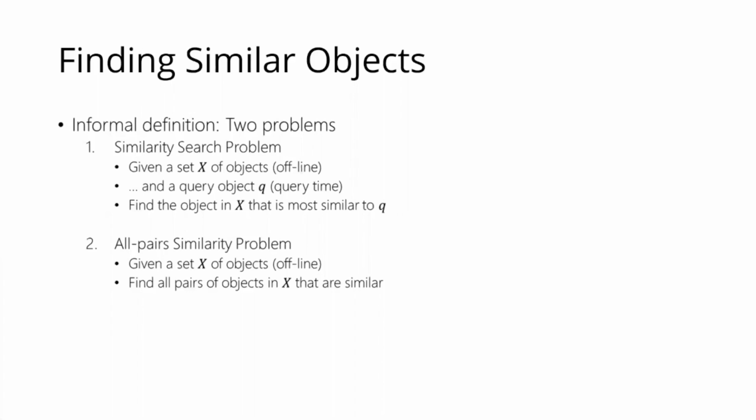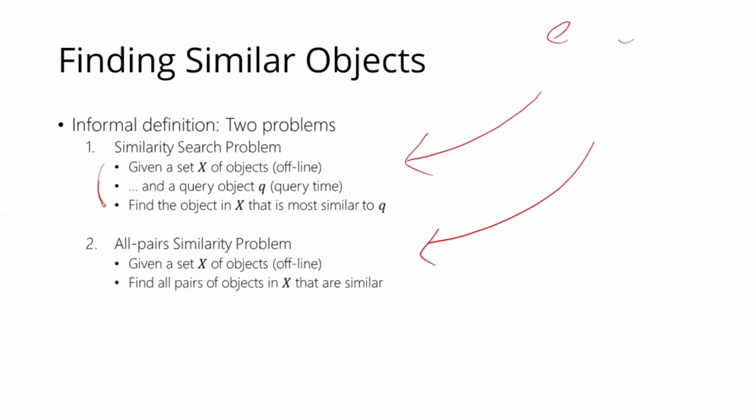Many of the problems are going to fall into either the first, the similarity search problem, or the second, the all pairs similarity problem. So the first problem here is a category of problems where you're given a set of objects.